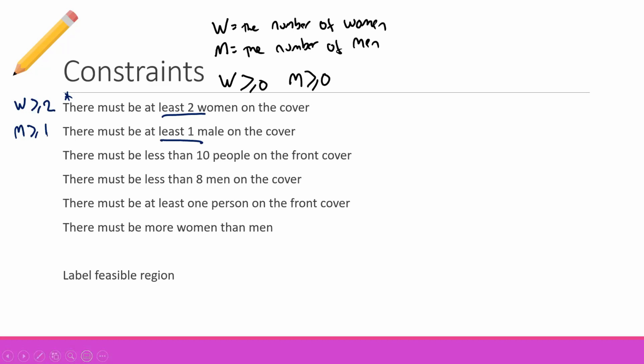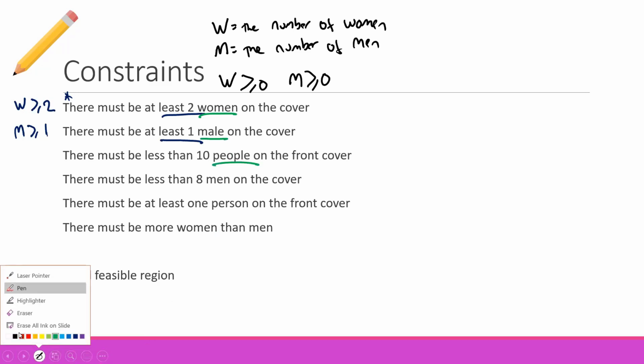Okay, so for less than 10 people, this is an interesting one. In the first one we've got women, the second one we've got males or men, the third one we've got people. Now, if I want to do people, I don't want to do just men or just women.